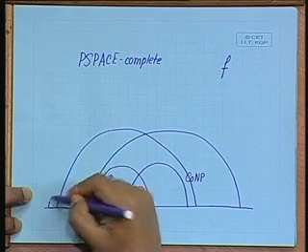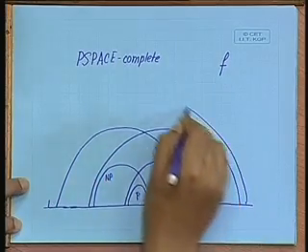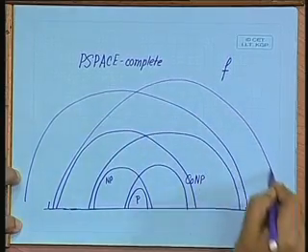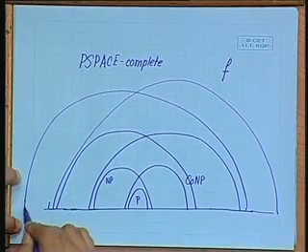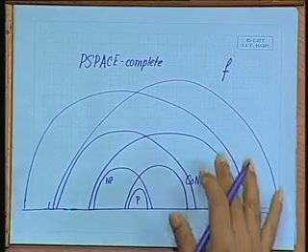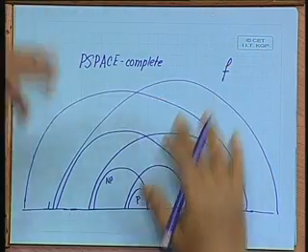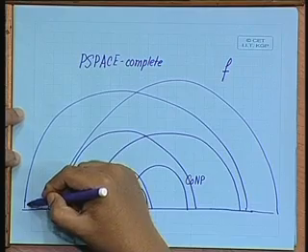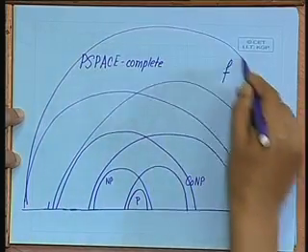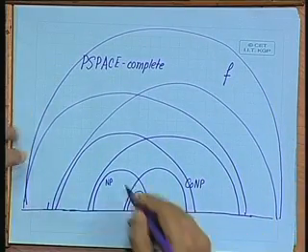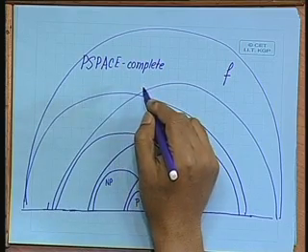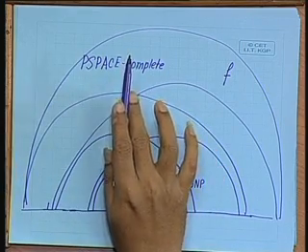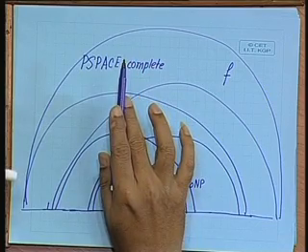Again we can have something on top of this, and we can have something on top of this, right. So, this is how the hierarchy builds up, and this hierarchy will build up forever. This whole hierarchy is called the polynomial hierarchy, and this whole polynomial hierarchy can be solved in polynomial space, right.